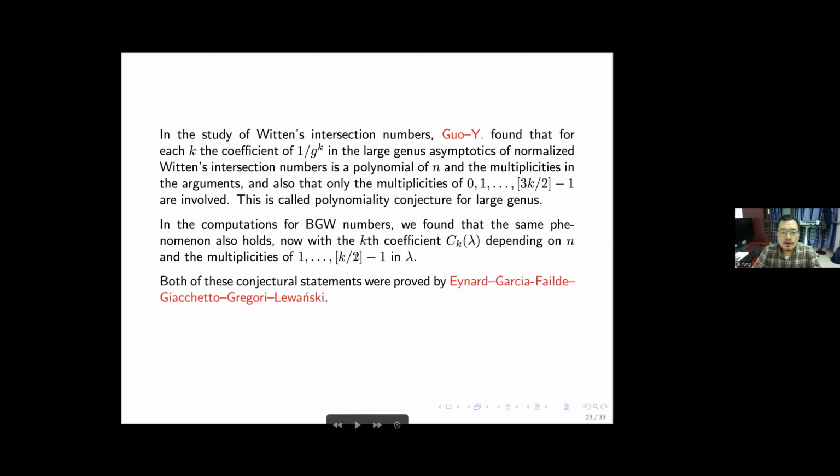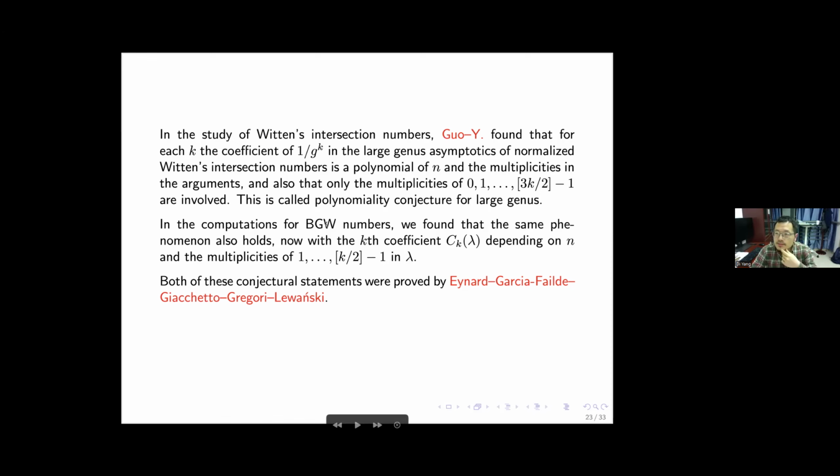So in the study of Witten's intersection numbers, Guo and myself found that for each k, the coefficient of 1/g in the full asymptotics for Witten's intersection numbers is a polynomial of n and multiplicities of the arguments. And the argument only involves from 0, 1 to 3k/2 minus 1. So this is called the polynomiality conjecture for large genus.